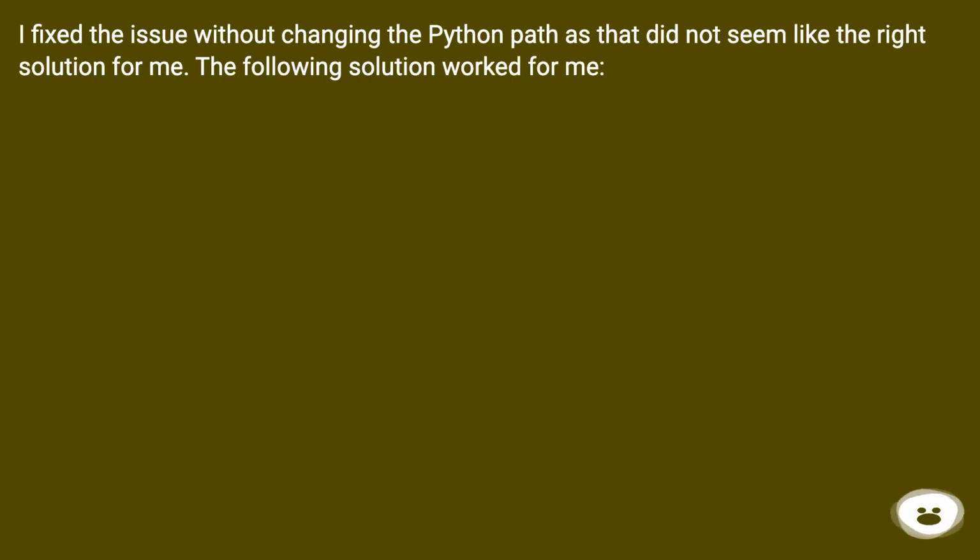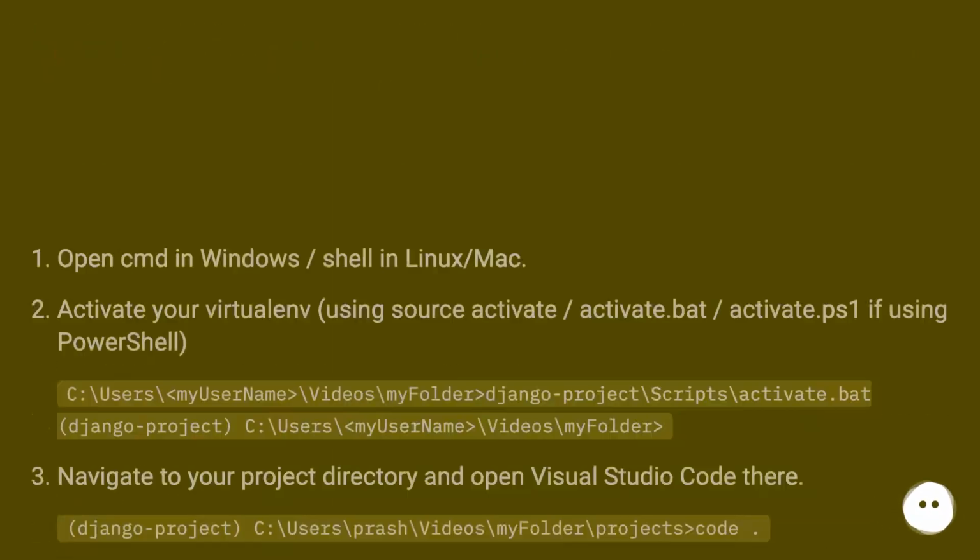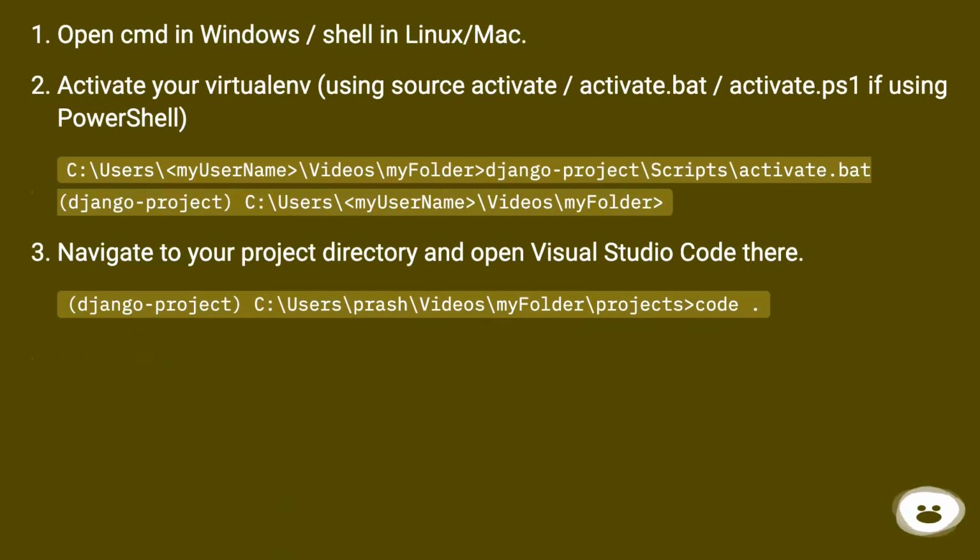I fixed the issue without changing the Python path as that did not seem like the right solution for me. The following solution worked for me. Open CMD in Windows, Shell in Linux/Mac. Activate your virtualenv, using source activate, activate.bat, or activate.ps1 if using PowerShell.